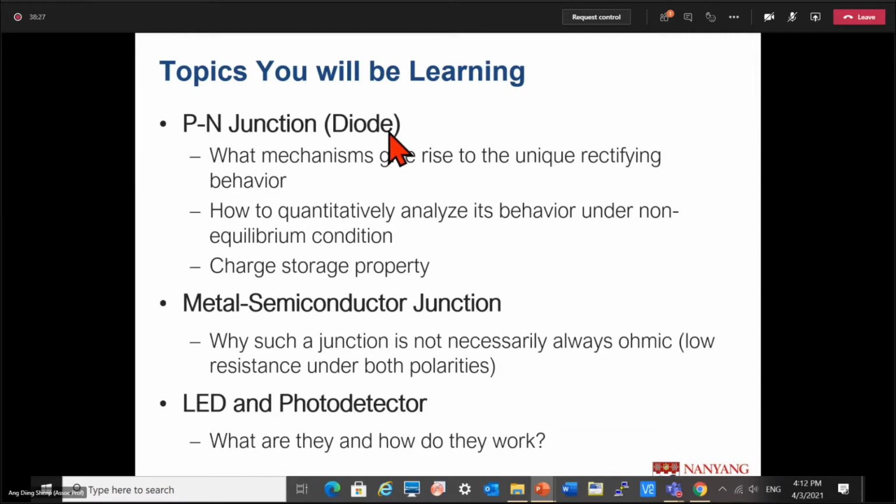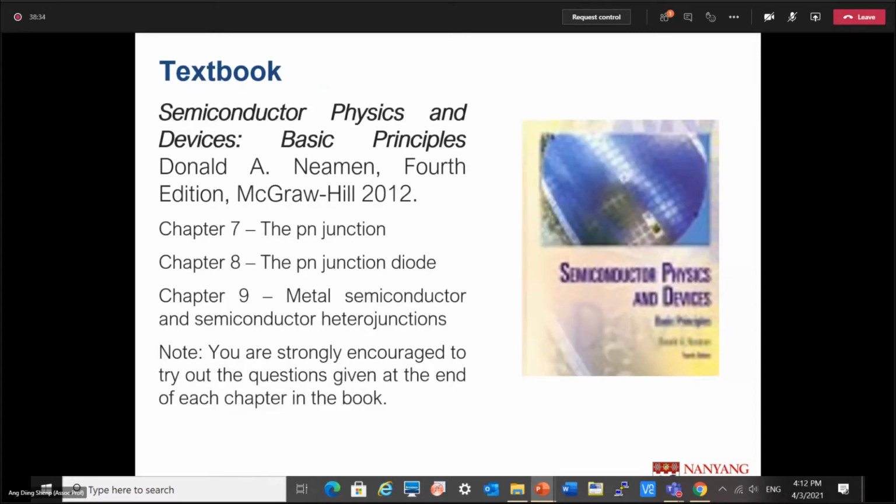So these are the three major topics that we are going to cover for part 2. The next thing I want to tell you is the textbook. Probably Prof. Ng has already mentioned this to you earlier. Part 2 will essentially look at these few chapters, which cover the PN junction as well as the metal semiconductor junction.